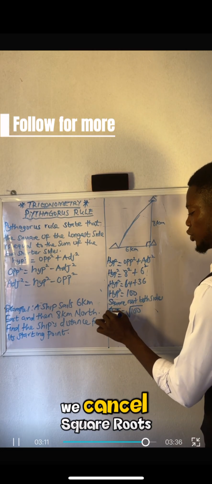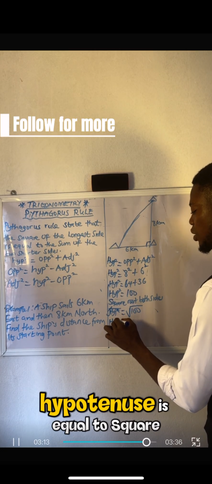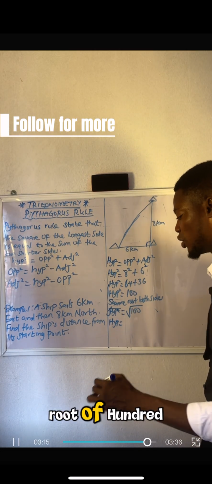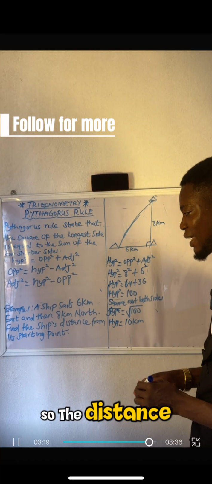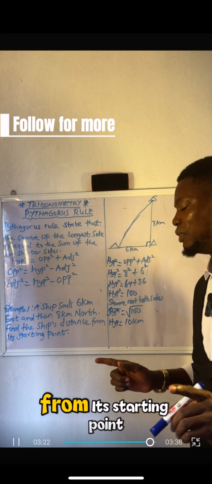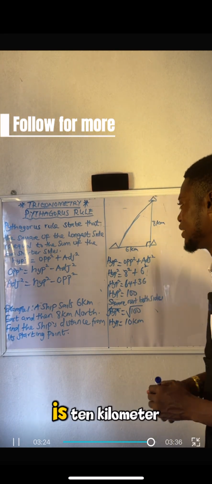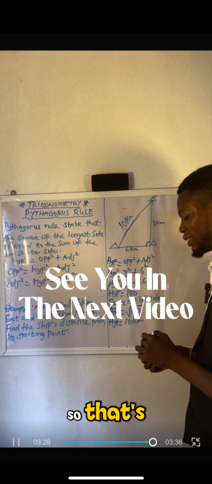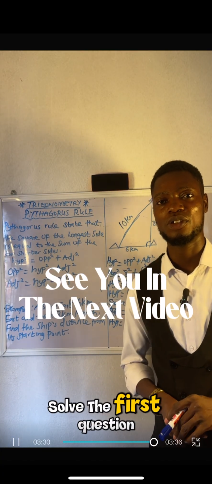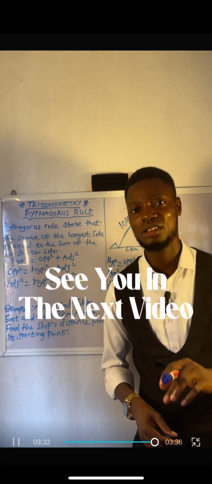So square will cancel square root. That is, hypotenuse is equal to square root of 100, which is 10 kilometers. So the distance of the ship from its starting point is 10 kilometers. So that solves the first question. The next question is in the next video.